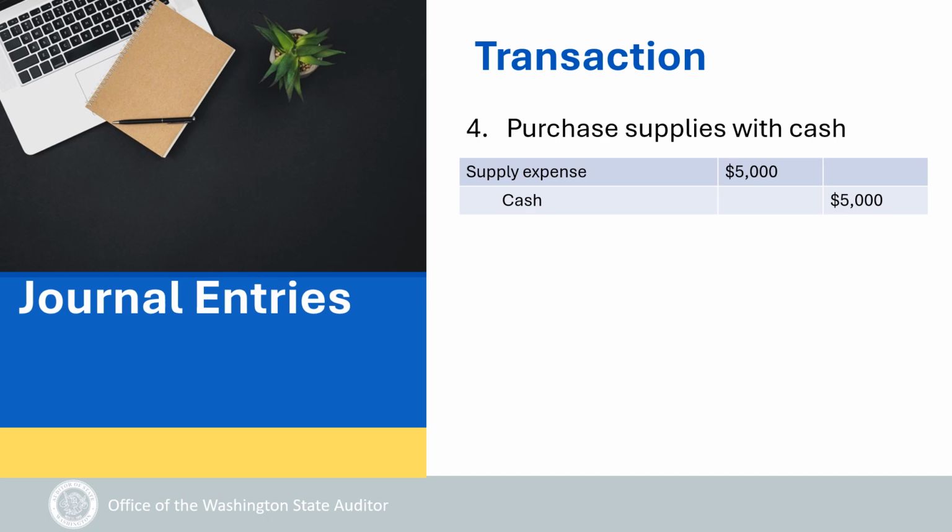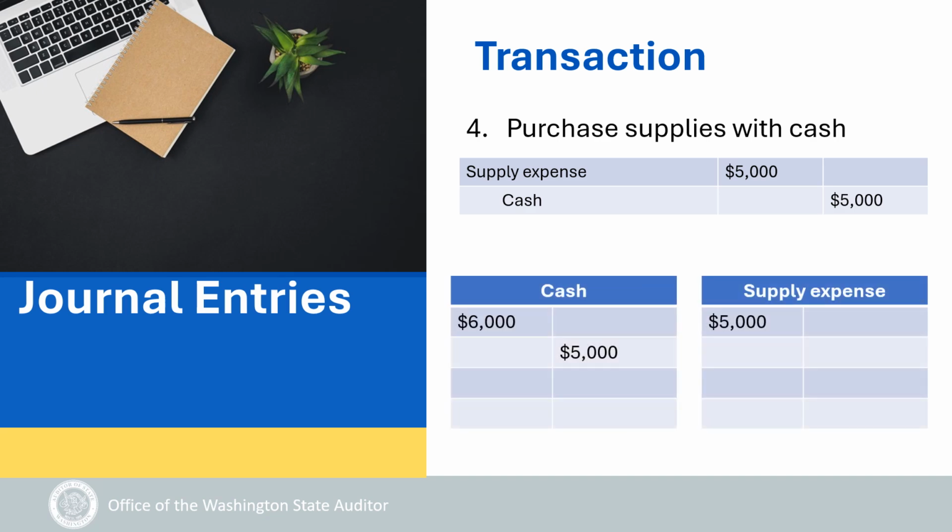We then carry forward the information to our T accounts. In the first transaction, we received $6,000 in cash. So we put the $6,000 in the debit column on the left side. Now we are using up cash. We credit the cash account. So we use the right column to put the journal entry into the T account.